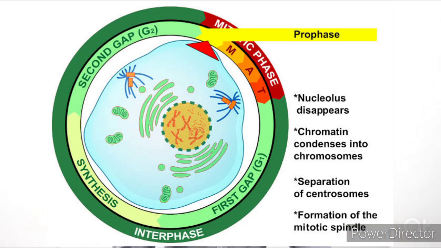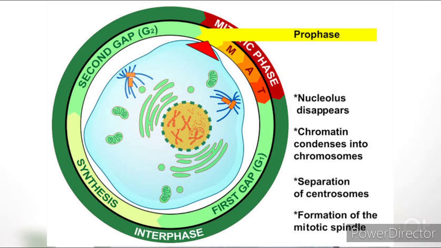Somatic cells are those cells which do not take part in sexual reproduction. Okay, now let us see the diagrams and focus on the various stages of how this mitosis, which is the equational cell division, also known as somatic cell division, takes place. Number one is prophase. Prophase begins with the shortening and thickening of chromosomes.